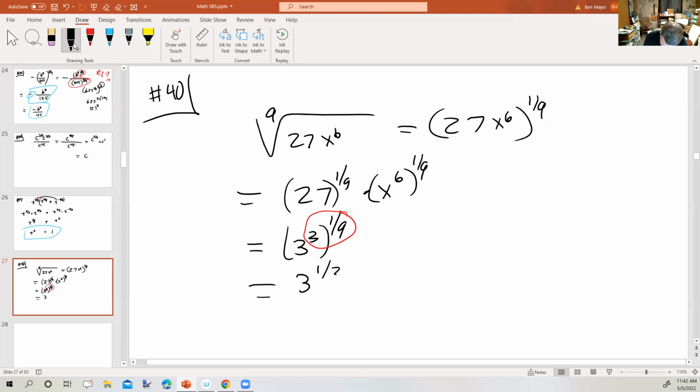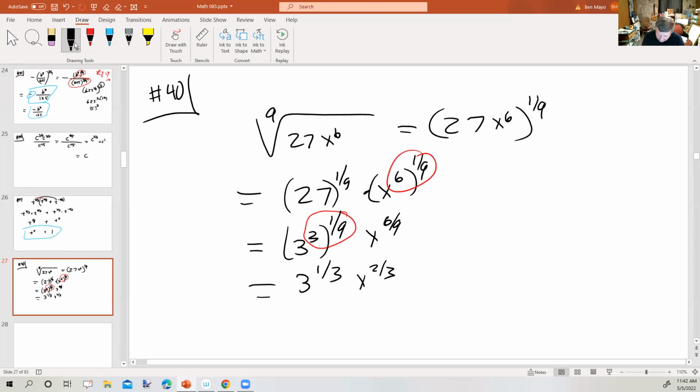So I've now got 3 to the 1/3 power. Okay. X to the 6th to the 1/9 power. You'd multiply the exponents. So that's going to be x to the 6/9, which is x to the 2/3.